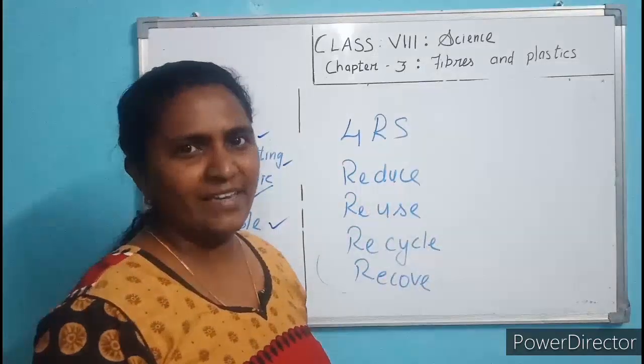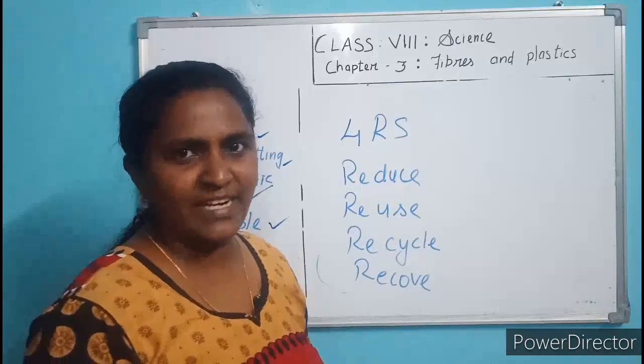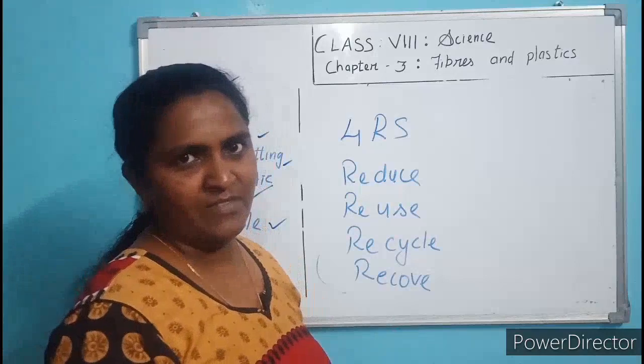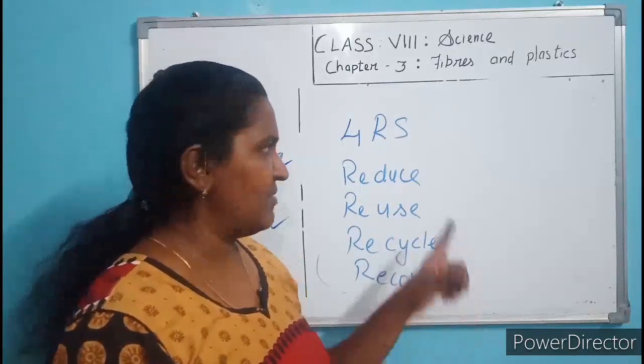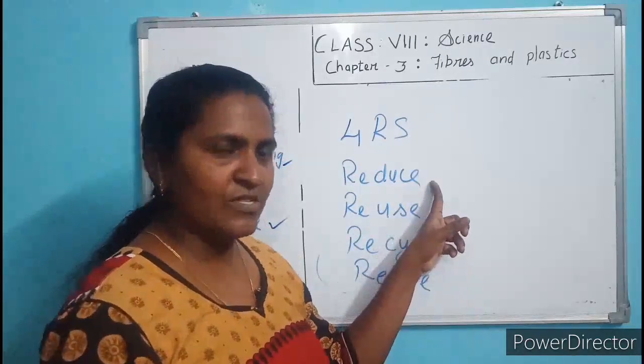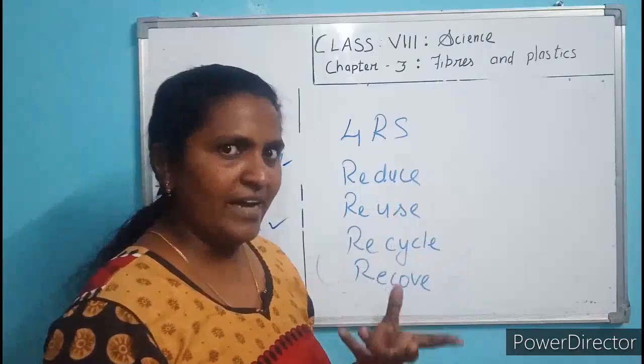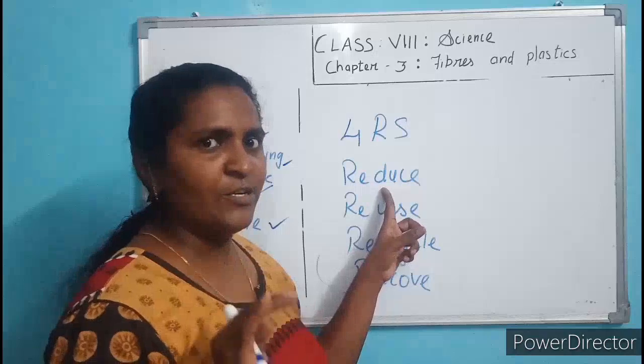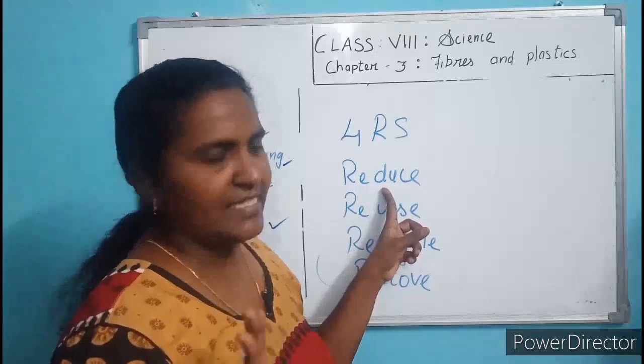You have to stop buying plastic materials like polythene and all. Instead, you can use a jute bag, or a cotton bag, whatever it may be, which will decompose. So don't prefer plastic because it does not decompose. We have to avoid using plastic materials.